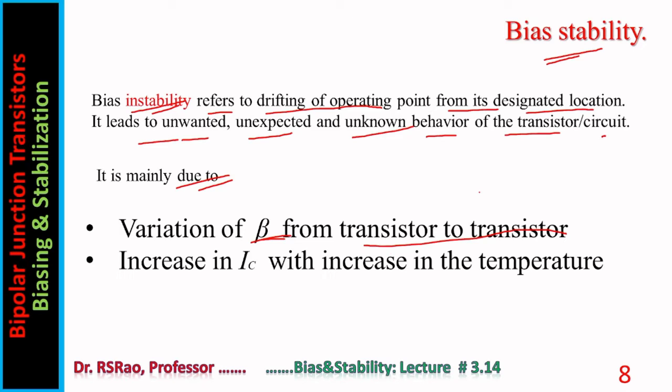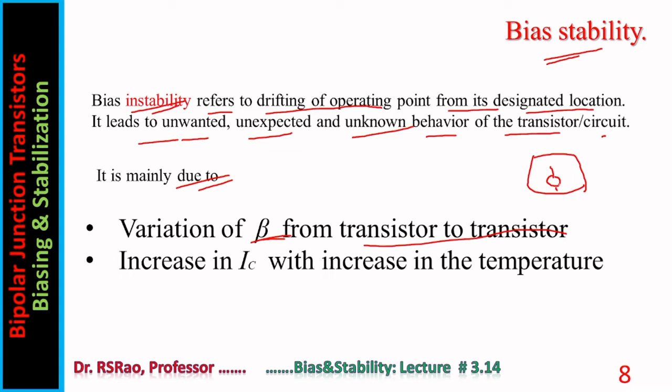So, let us suppose there is a circuit, amplifier circuit. Inside, let us say there is a transistor, and for one reason or other reason, it got damaged. And when we replace this transistor with another transistor, then what happens is, the replacement may have a different value of beta from the beta of the one which was removed.